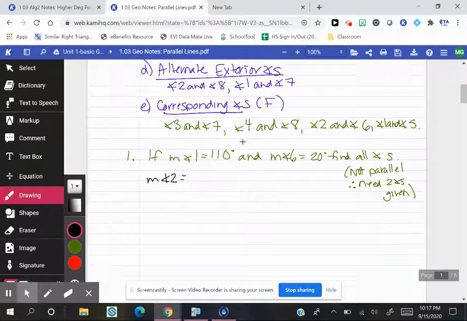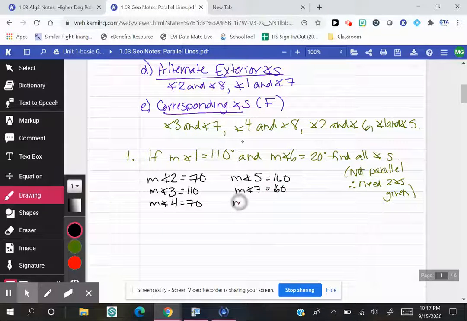So the measure of angle 2, again, we put a little M in front of angle 2 to indicate the measure of angle 2, and we do that whenever we have an equal sign. So important here, since they're not parallel, we had to have 2 different angles. The measure of angle 7 is 160. We already had the measure of angle 6, and the measure of angle 8 is 20 degrees.